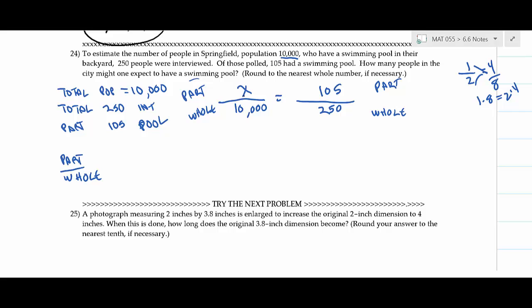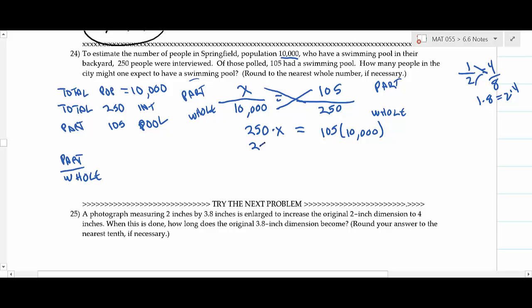Now, since you have a proportion, you can cross multiply. So we multiply that times that. You just write down 250 times x equals 105 times 10,000. That's going to be a super easy equation to solve.